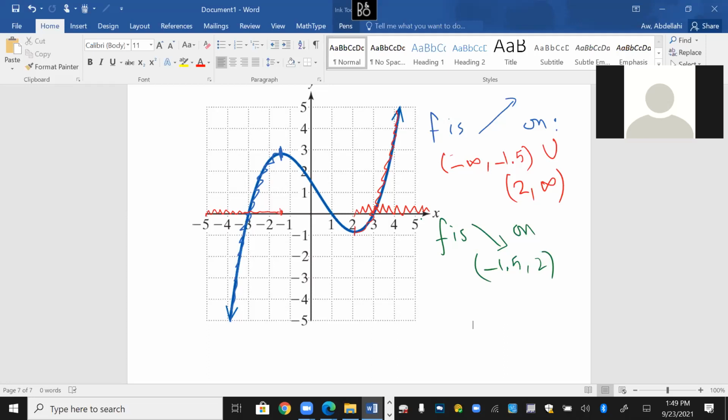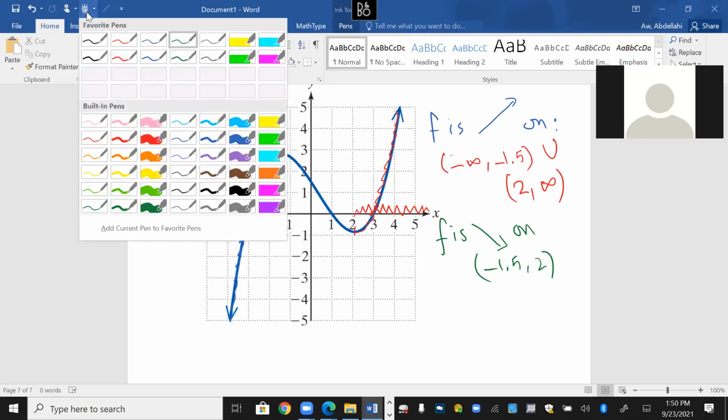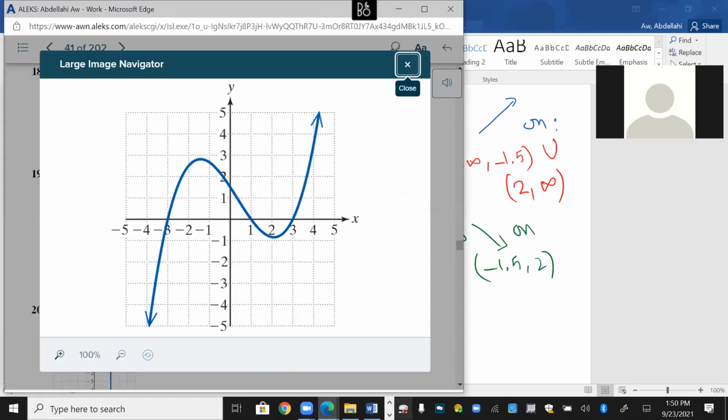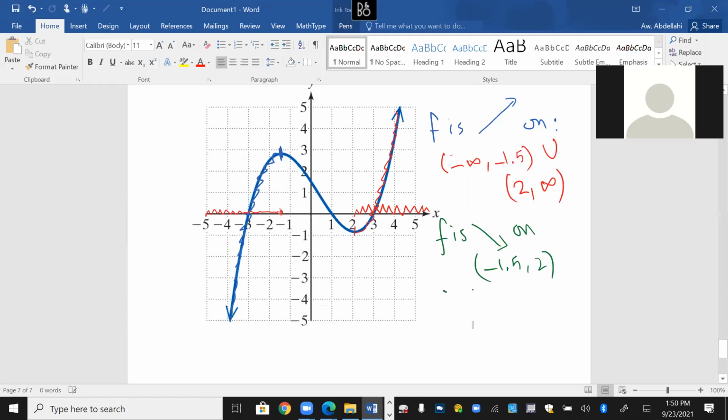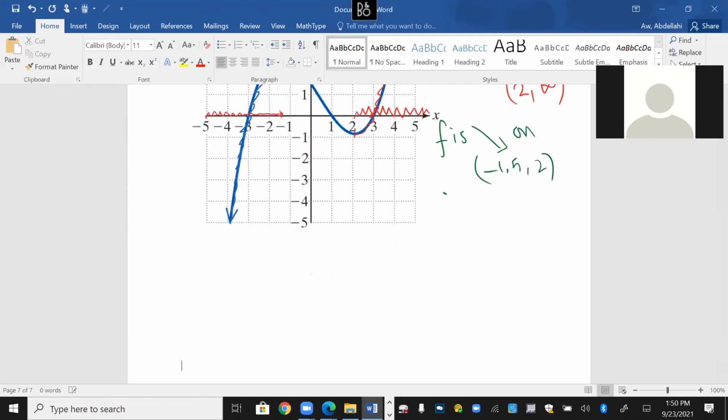Because of the arrows. Now, if I don't want the arrows anymore, let me copy again and then change it, and then ask you about the domain and the range now.